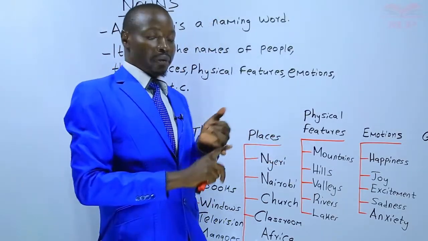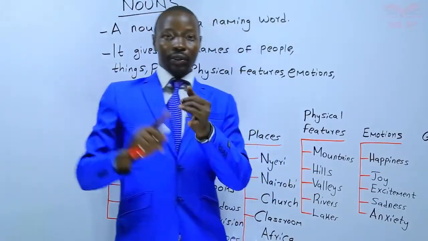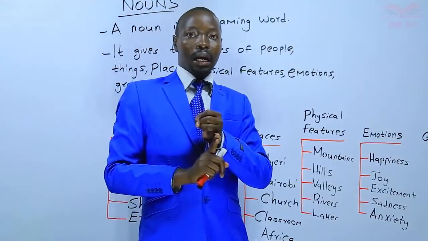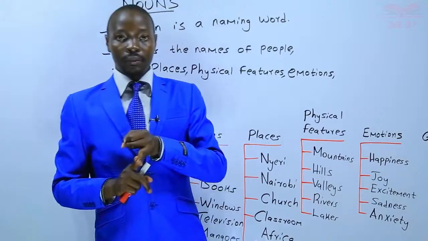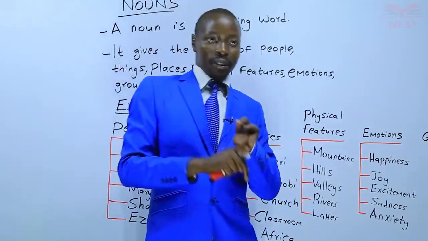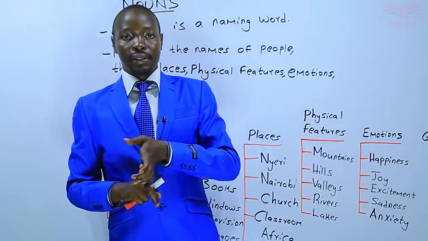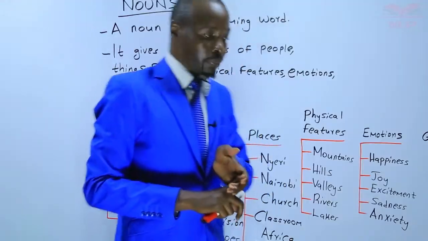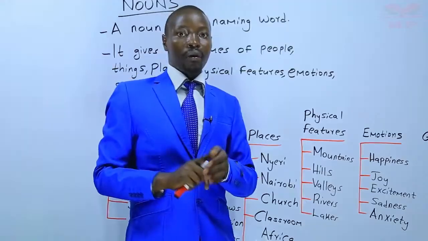For example, when we have very many bees together, we can talk about a swarm of bees. Another one that we can list is a herd of cattle. The next example, we have a bunch of keys or a bunch of bananas. We have a staff of teachers. And the last example, which we will use here, we can use a library of books.